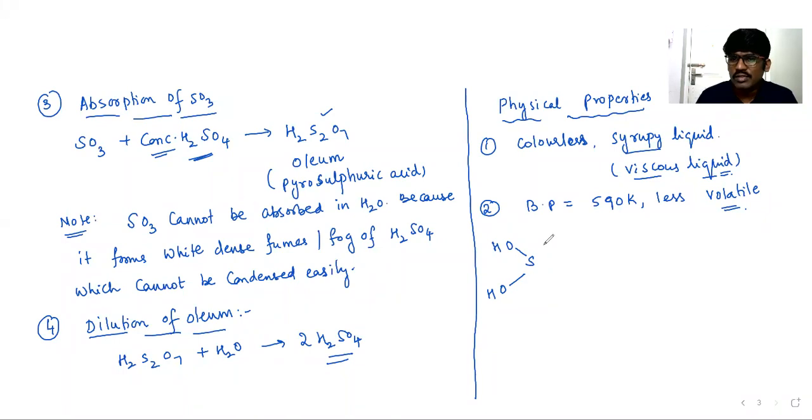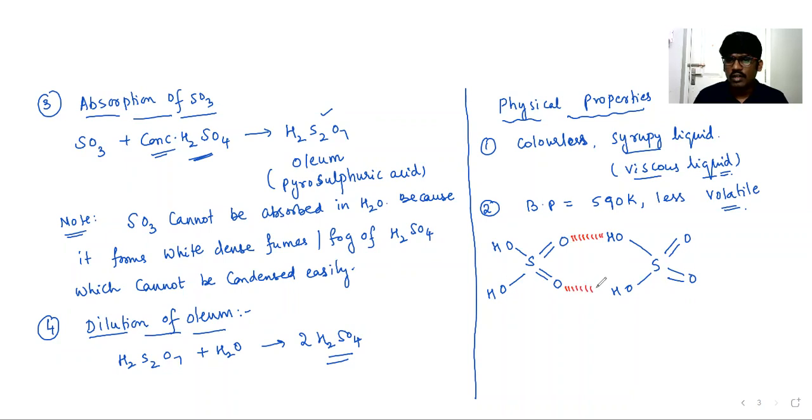That intermolecular association is through hydrogen bonds, H bonds. Because of this intermolecular association, attractions become stronger, and then it becomes a more viscous liquid. That is the second physical property.